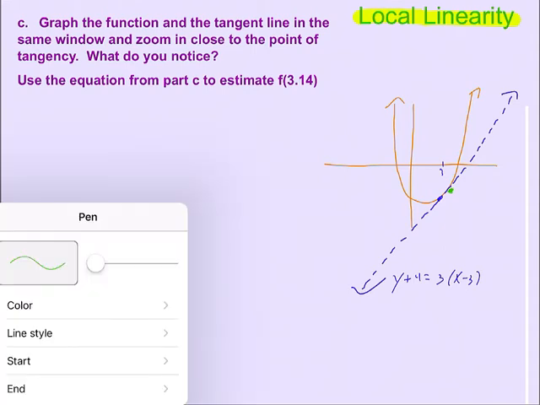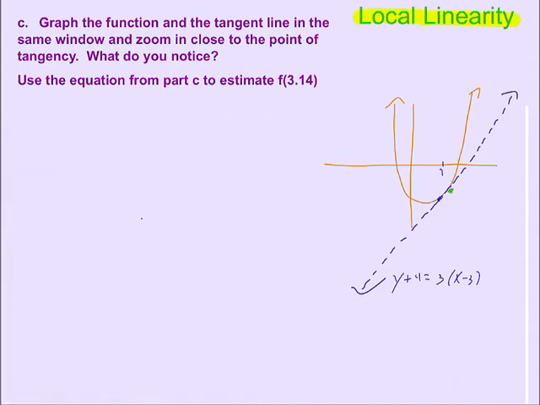So if you wanted to make a pretty good estimate for f of 3.14, instead of plugging it into the annoying 3.14 squared minus 3 times 3.14 minus 4, you plug it in for this x instead. And so we'll say y plus 4 is equal to 3 times 3.14 minus 3, and this is just a lot easier. Y plus 4 equals 3 times 0.14.